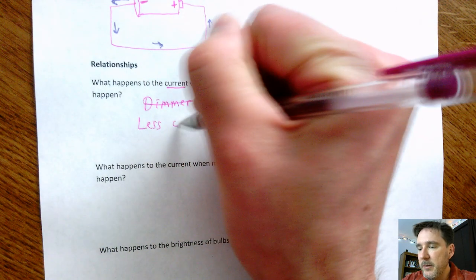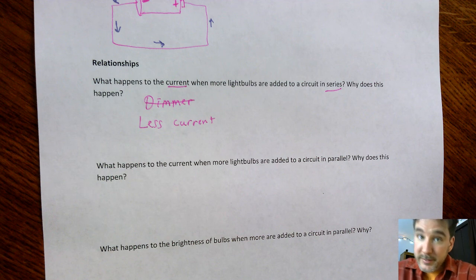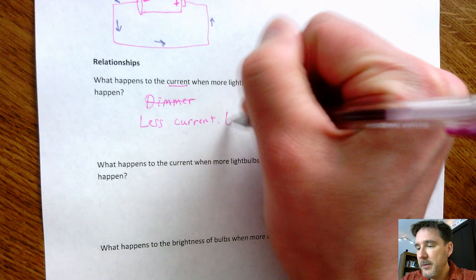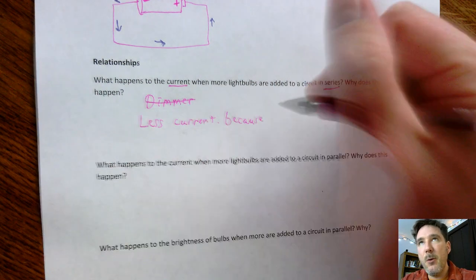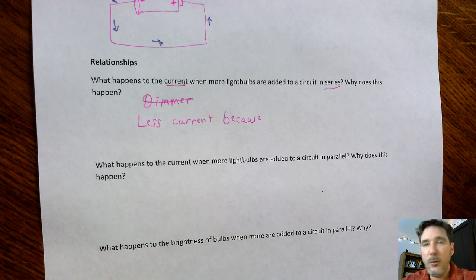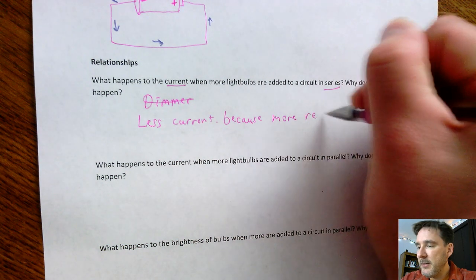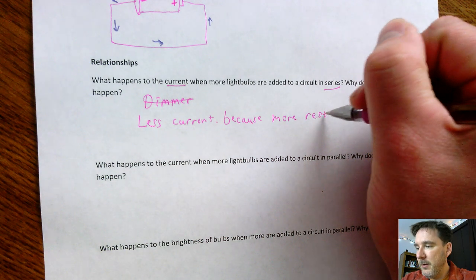The current decreases, which causes a light to get dimmer. Why? Because as you add things in series, you're adding more and more things that the electricity has to go through, and so you're adding more resistance.